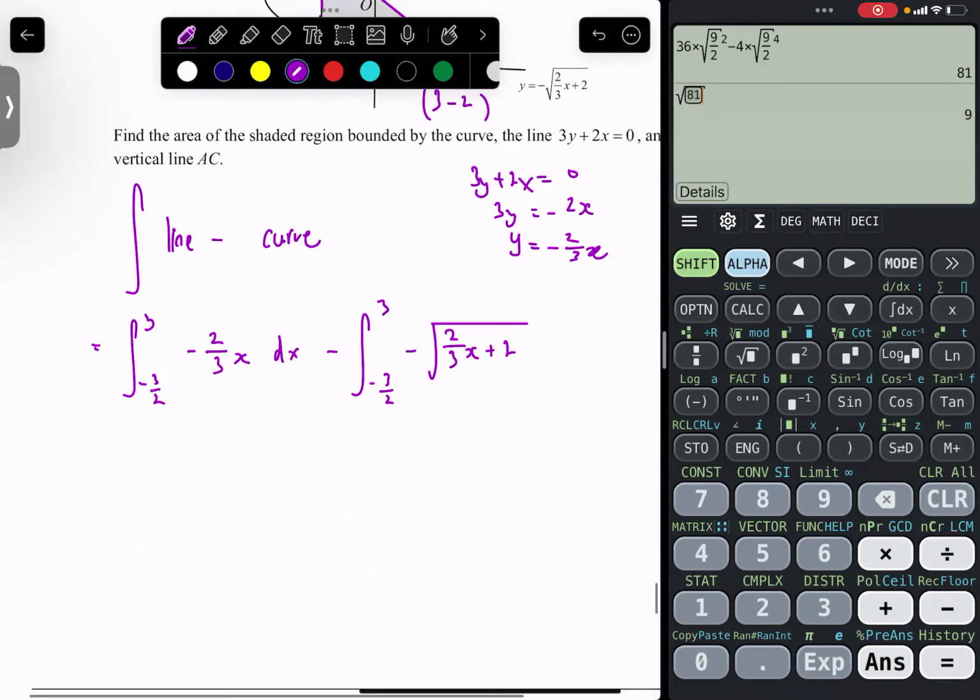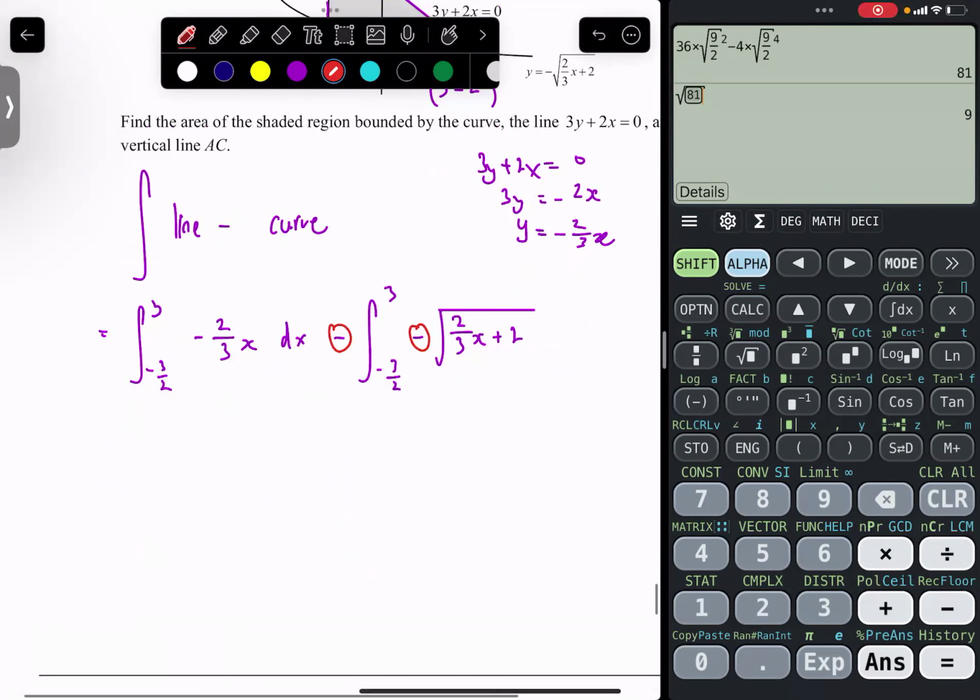However, this negative sign is a constant, so we can factorize it out. Since they are the same limits, we can combine them: integral from -3/2 to 3 of 2/3 x plus (2/3 x plus 2) to the power of half dx.